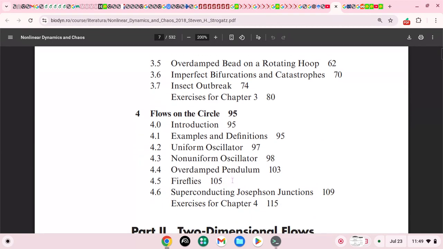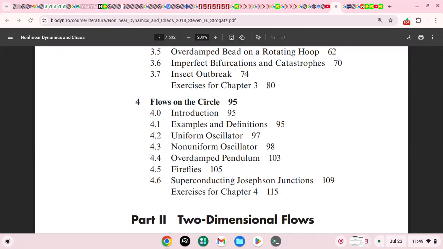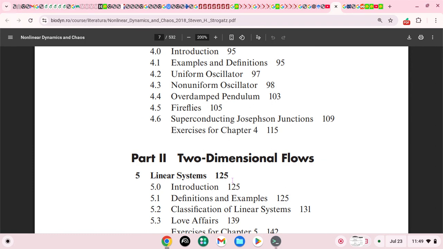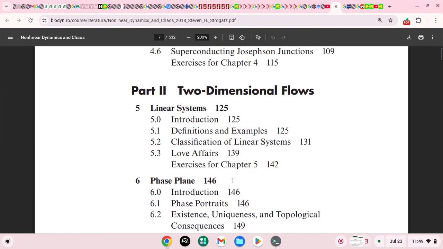All those things are covered beautifully in this book, and I have read so many other books, but this book is exceptionally well written, and it can be read like a novel on chaos and nonlinear phenomena.